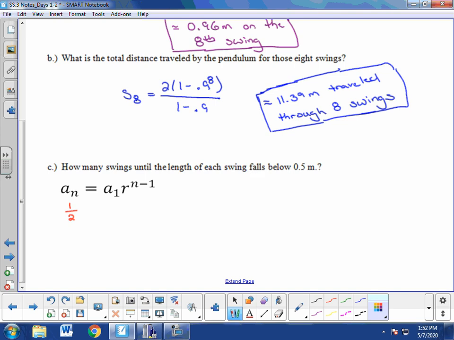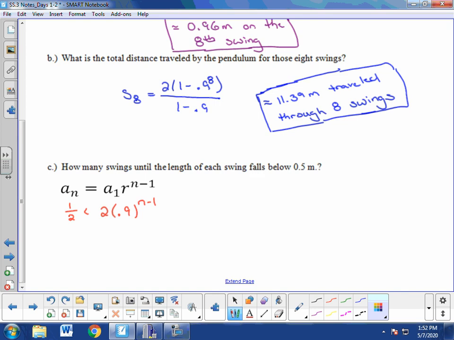I'm going to use a less than symbol. If you use equal here and then eventually convert to understanding the concept of it, that's fine, but I'll just use a less than symbol. A sub 1 is still 2. The ratio is still 0.9, and then this is going to be to the n minus 1 power.